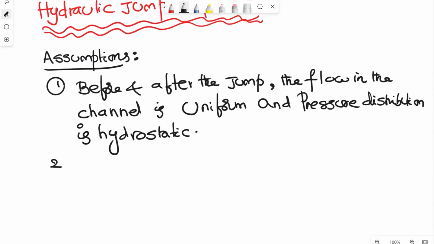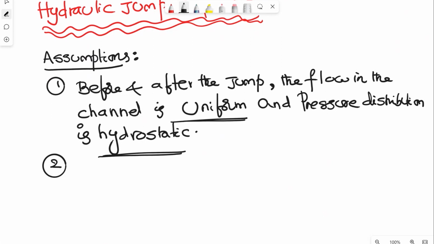This is the first assumption. That means except where the rapidly varied flow is formed, before and after that, it is uniform flow. And pressure distribution is always hydrostatic.